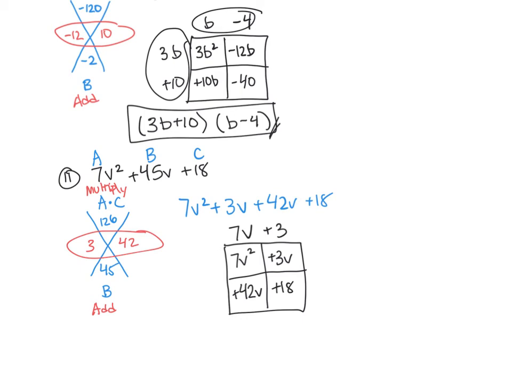Then I might ask myself, okay, sideways, 7v squared and positive 3v, what do they have in common? Only a v. And then 42v and 18, what do they have in common? Only a positive 6. So our side lengths become our answer of 7v plus 3 and v plus 6.